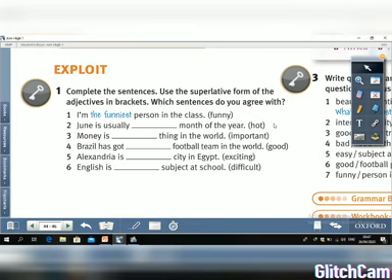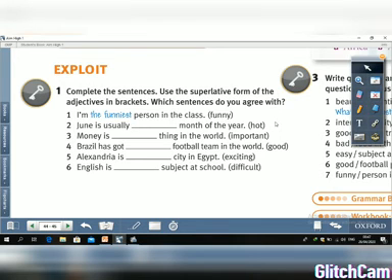Money is the most important thing in the world. It's a long adjective to become the most important. Yes, Brazil has got the best football team in the world. Good, is it a regular adjective or an irregular adjective? Yes, it's an irregular adjective to become the best football team in the world.